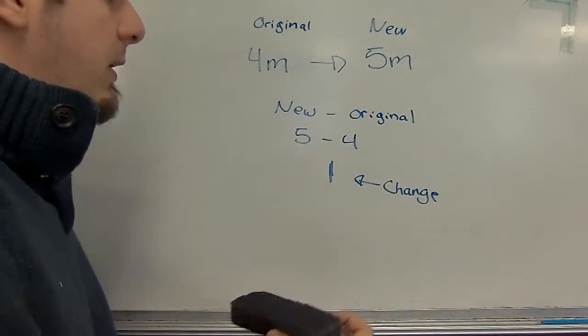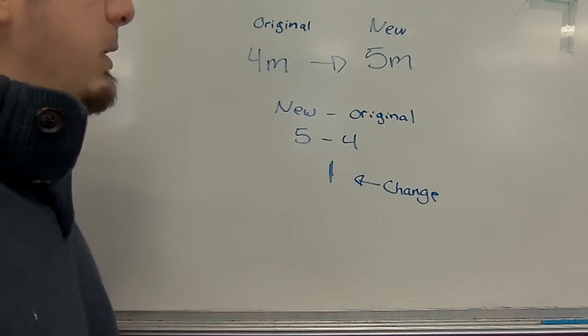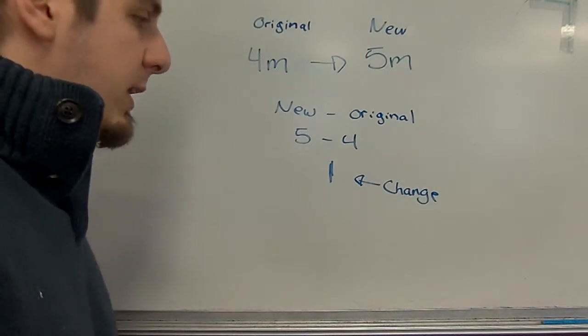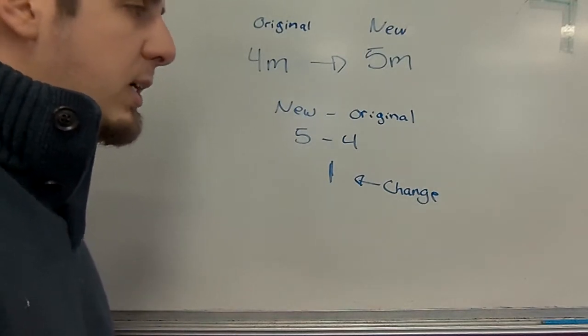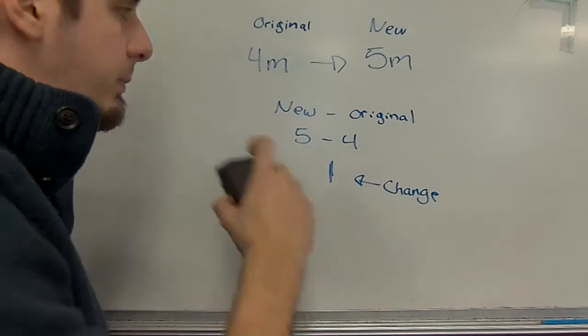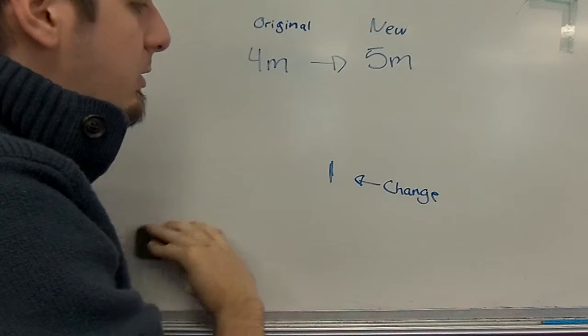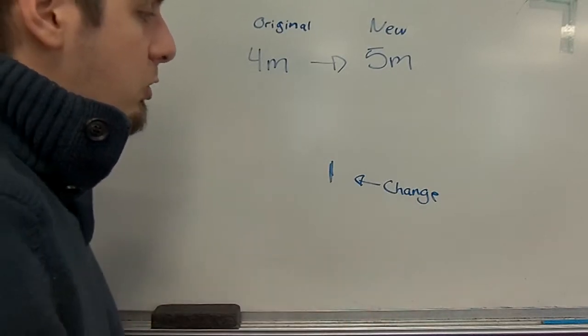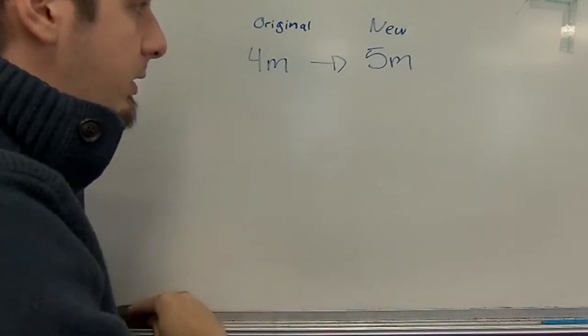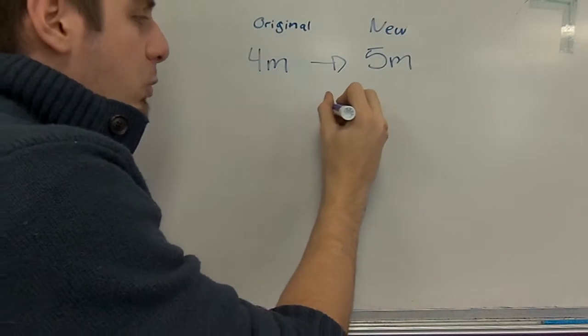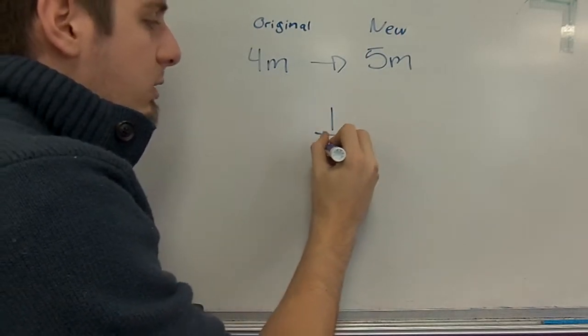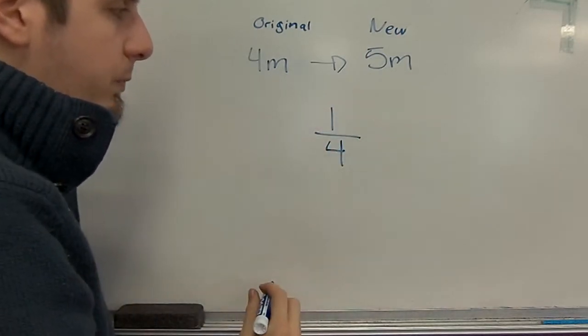So how do you find out what the percent of change was? I know it grew 1 meter, but in terms of percentage, how much did it grow? What you do is take the change, which is 1. It grew 1 meter, and it was 4 meters.